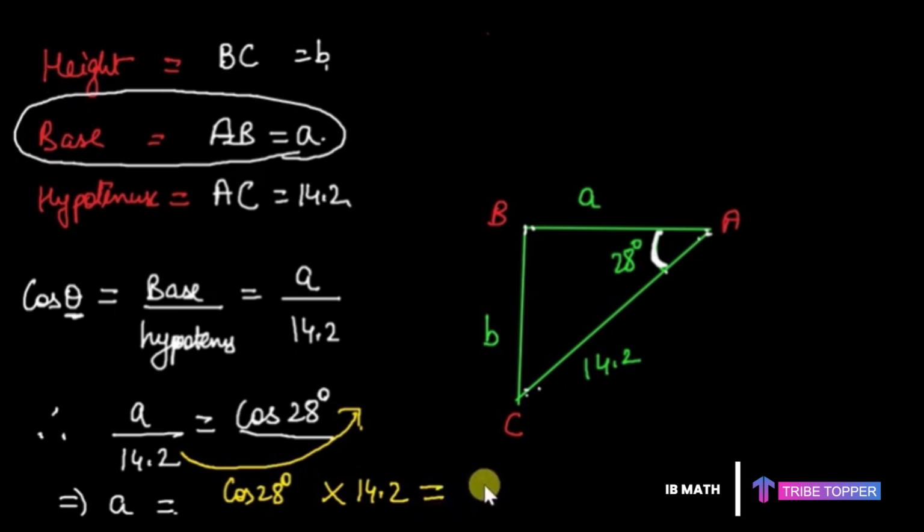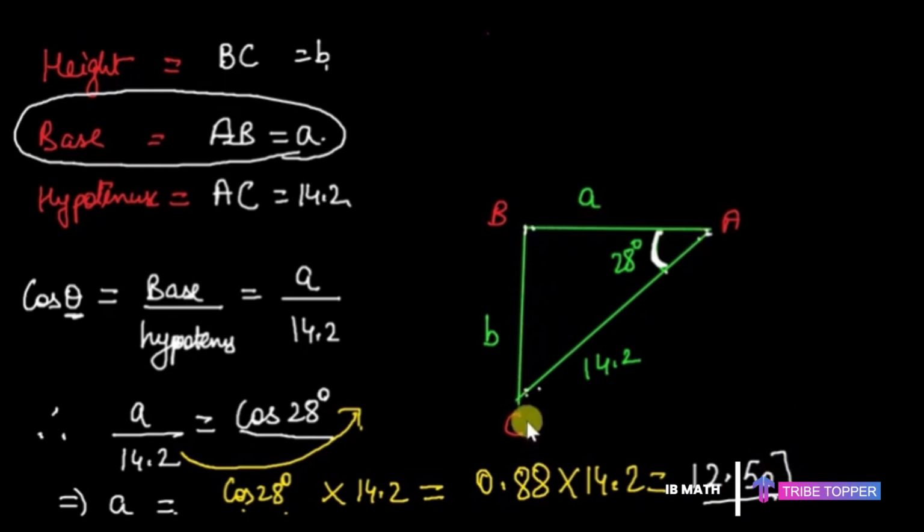That is 0.88, multiplied by 14.2. When you multiply, if rounded to two decimal places, we get 12.50. That's my base. I got A.